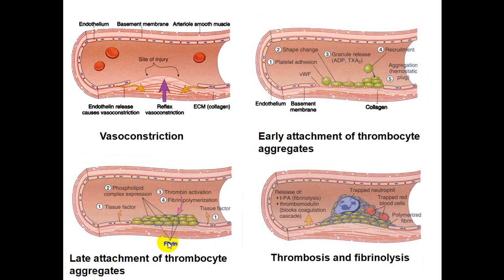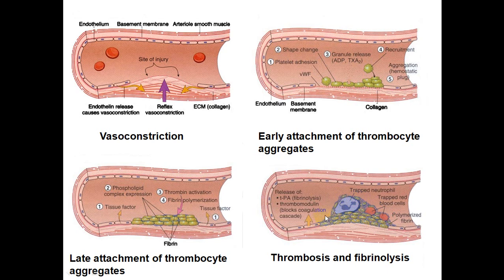And then the fibrin will be attached more, and the thrombocytes will be attached more, and then they will make a network of fibrin after activation of clotting factors like thrombin and others. And then after the plug forms, the fibrin will also trap leukocytes and red blood cells.